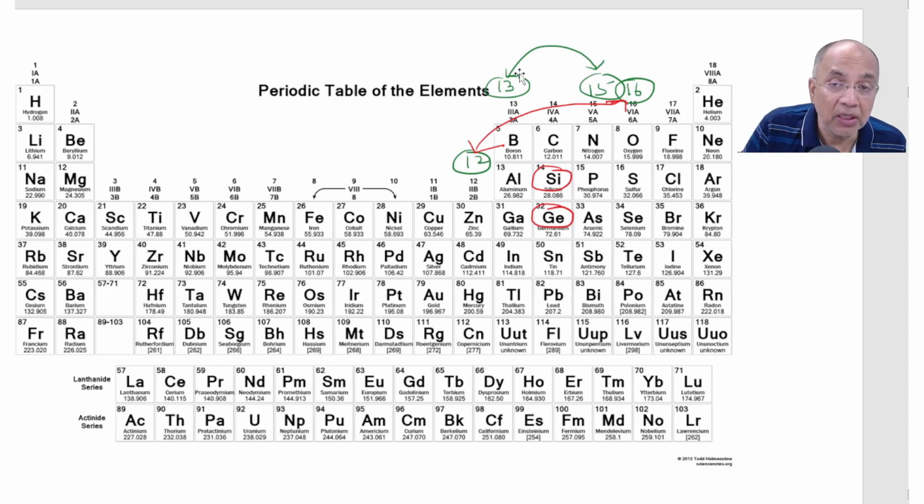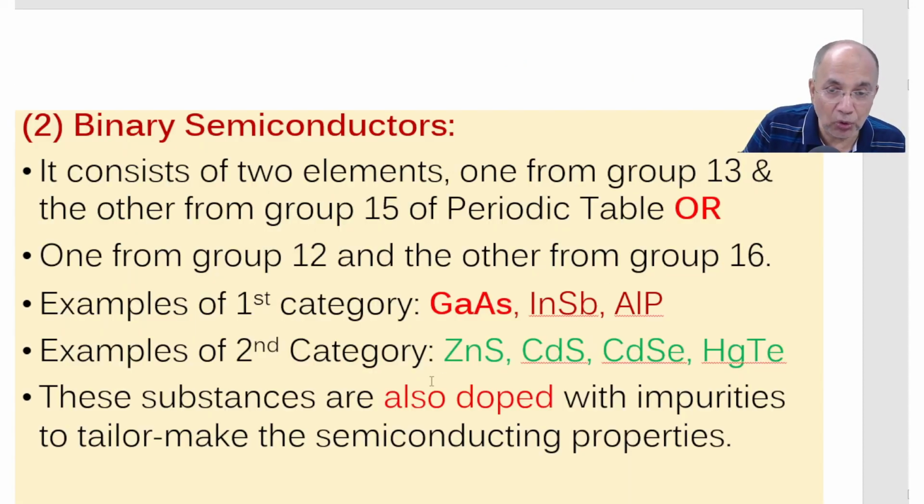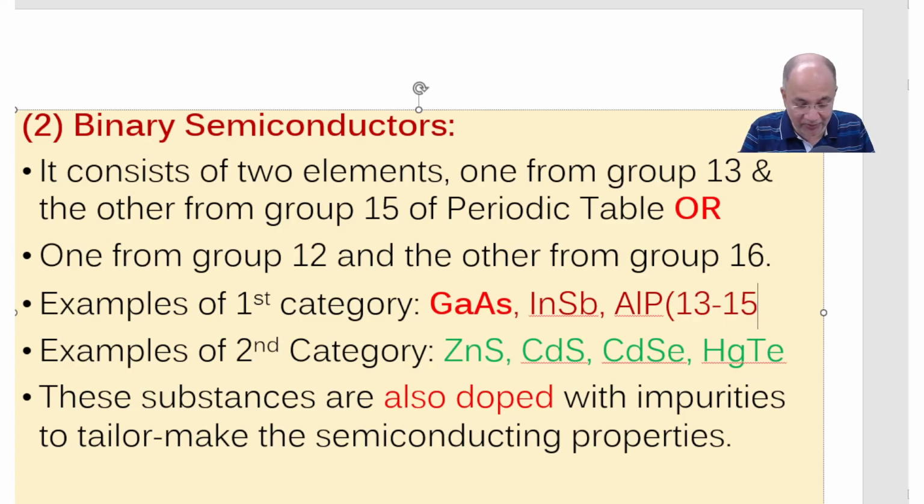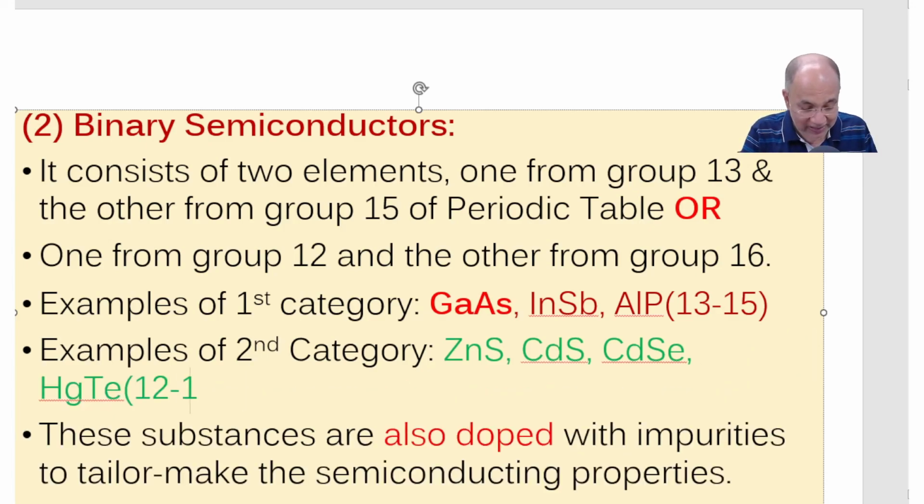For group 16, we choose either sulfur, selenium, tellurium. These are the three chosen, not oxygen. So zinc sulfide, cadmium sulfide, cadmium selenide, mercury telluride. These are another category of binary semiconductors. We call this type 13-15 type of semiconductors, and this we call 12-16 type of binary semiconductors.